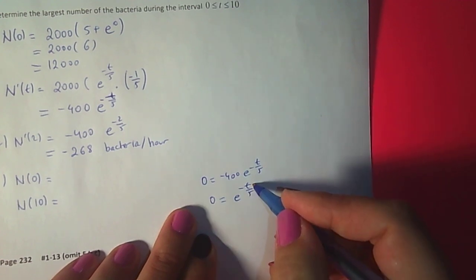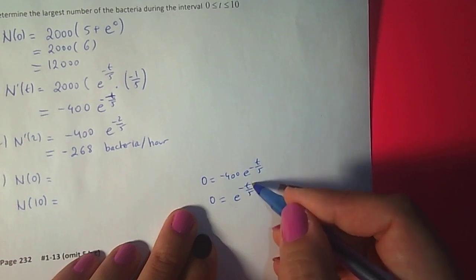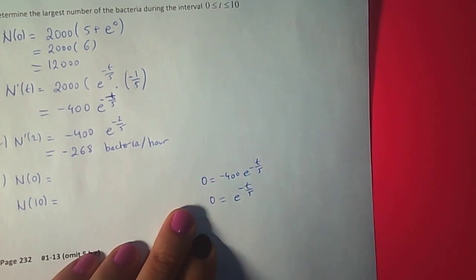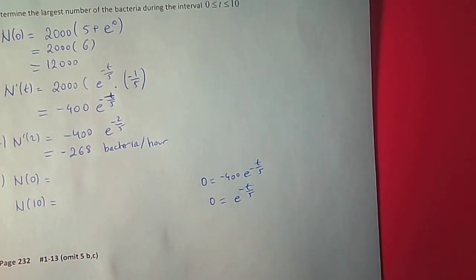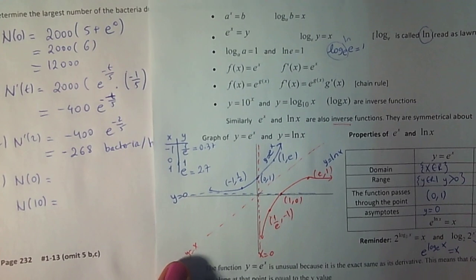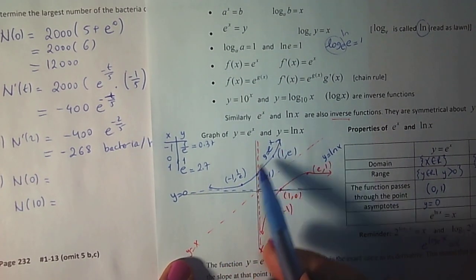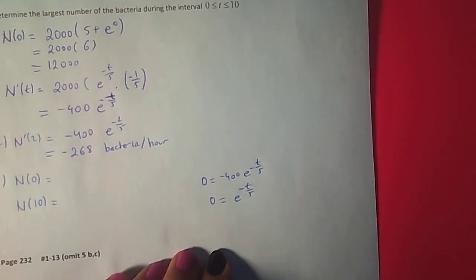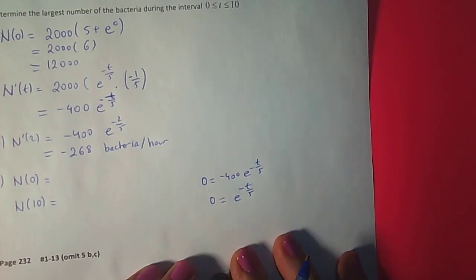But when you take the power of e, the exponent can be anything, but actually you will never get 0 from here. If you remember the graph we did for e to the power of x, we said that it is always greater than 0. It is above the x-axis all the time. So this will actually never become a 0. So we don't get any zeros from the first derivative.